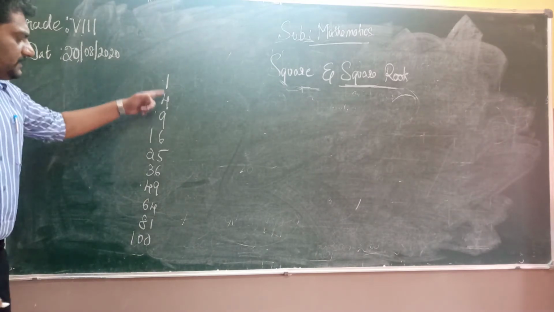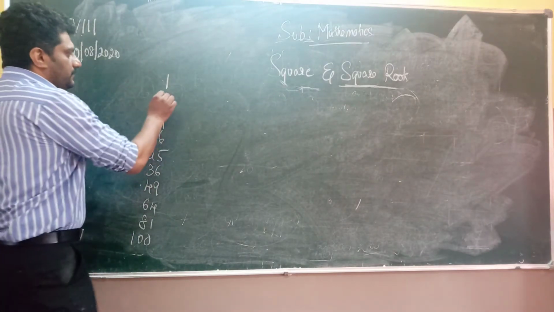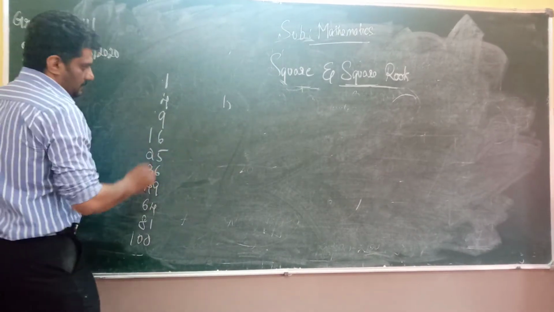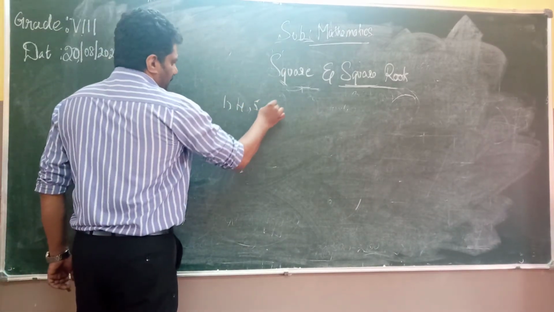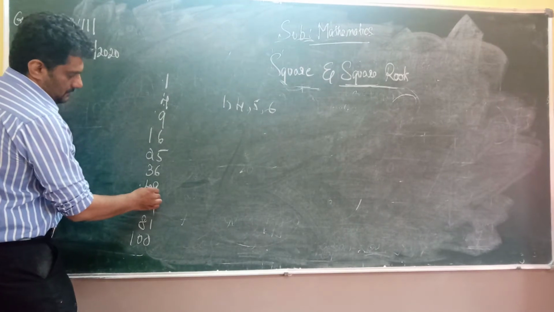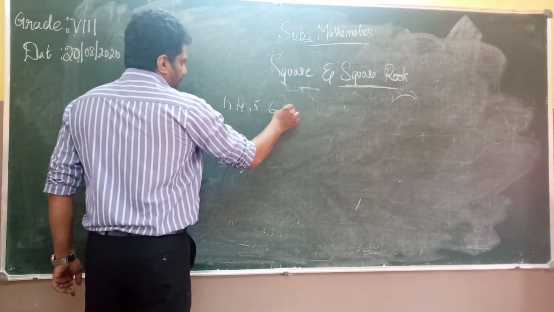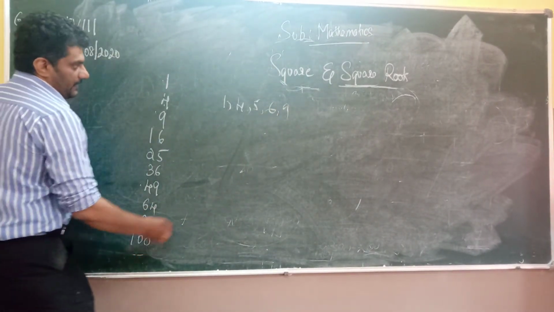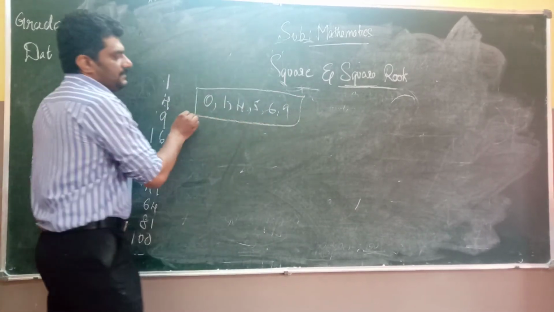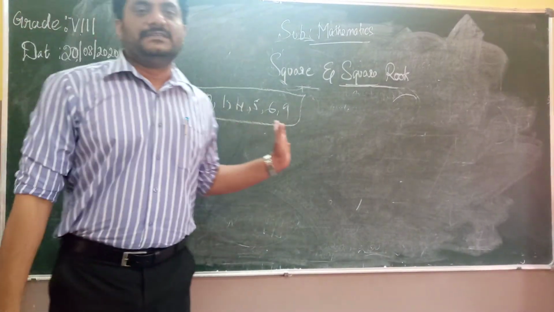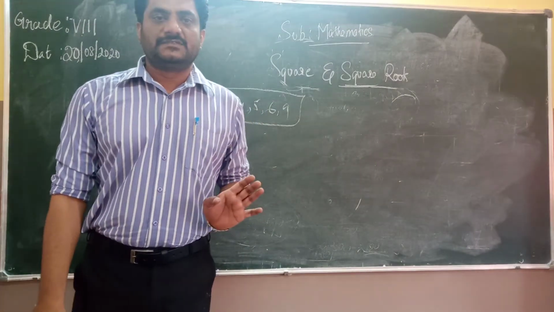Okay? If you see all the unit digits, what are the unit digits? We have 1, we have 4, we have 5, we have 6, we have 9, and we have 0. These are the unit digits of a perfect square.